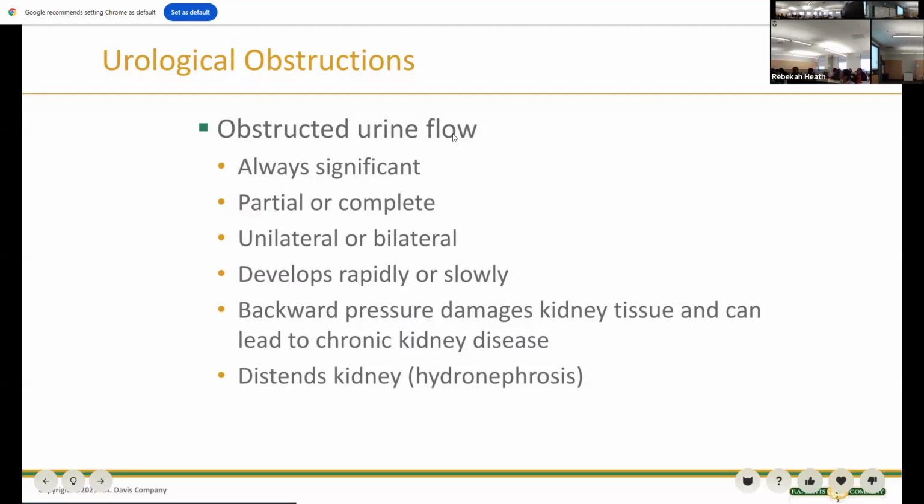Hence why we do this. So first we do the scan and then we be sure to get a culture. We get the culture by doing a clean catch, either through the intermittent catheterization or through a clean catch if it's a man. But it's hard to get that when they're incontinent.